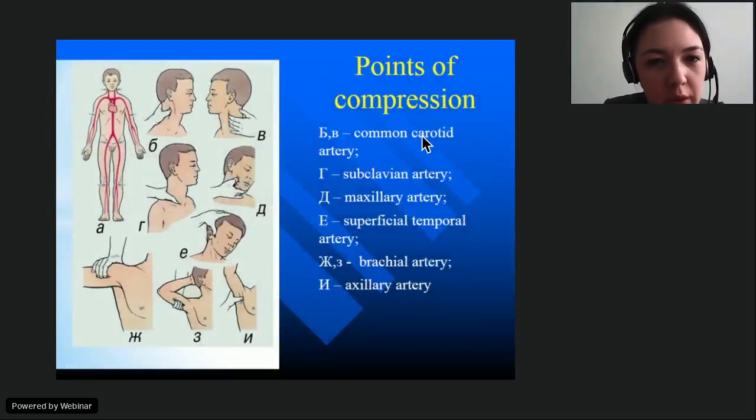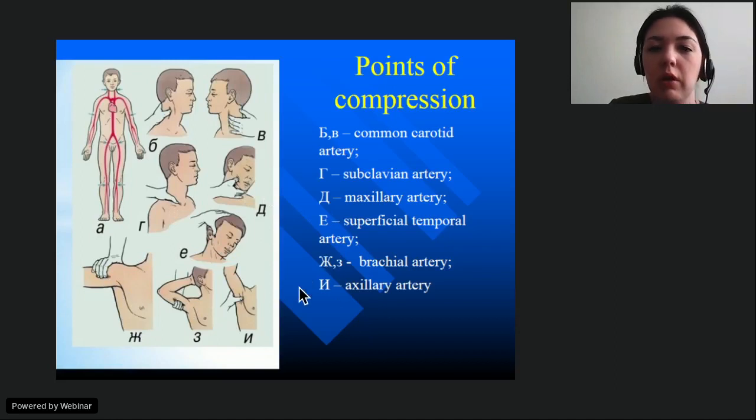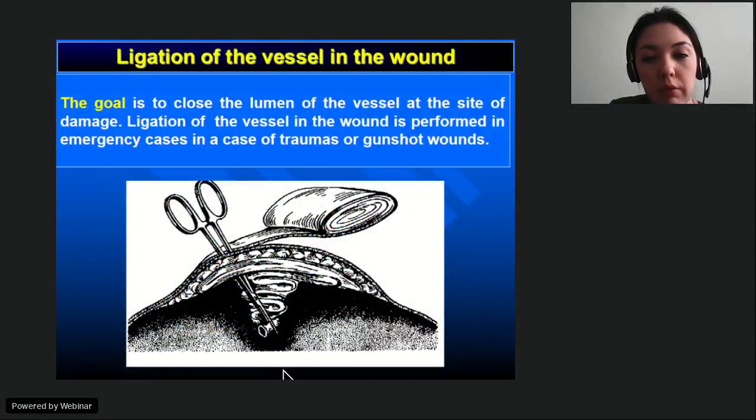So here you can see the place of compression of common carotid artery, then subclavian artery, maxillary artery, superficial temporal artery, brachial artery, and axillary artery. So these are points of compression. You will have to study it. We will discuss it when we reach operations on the vessels in our practical classes.